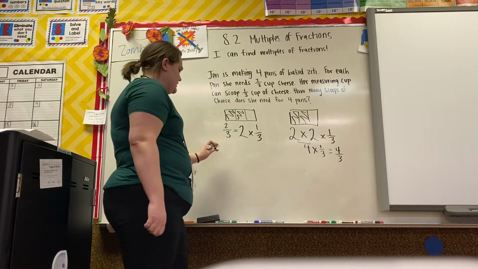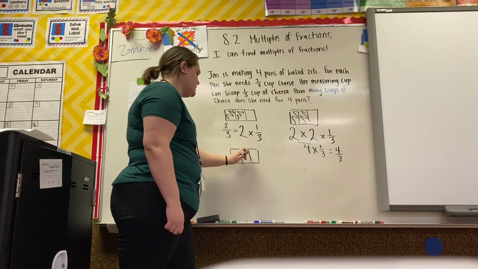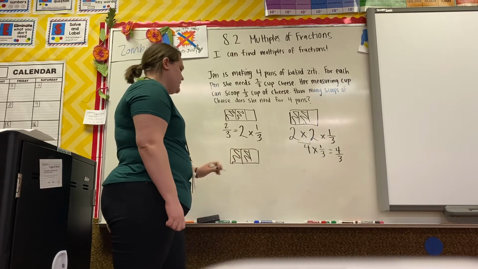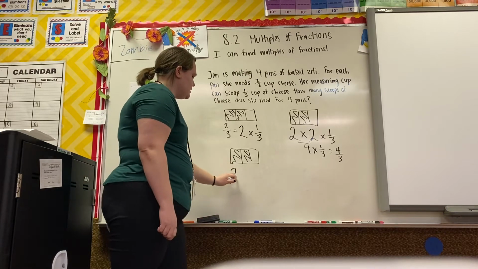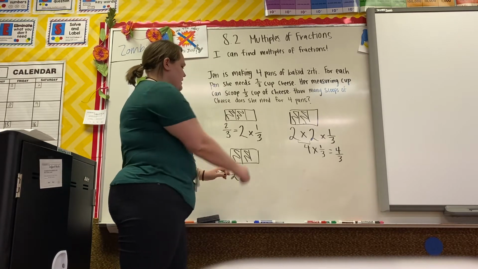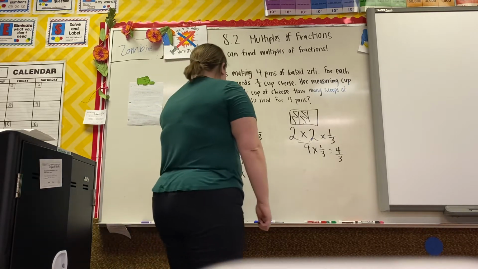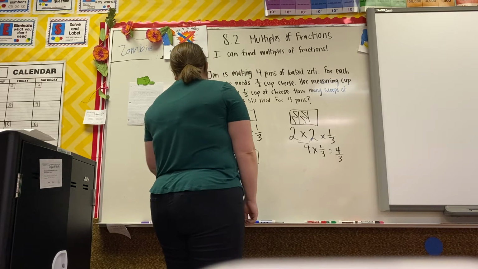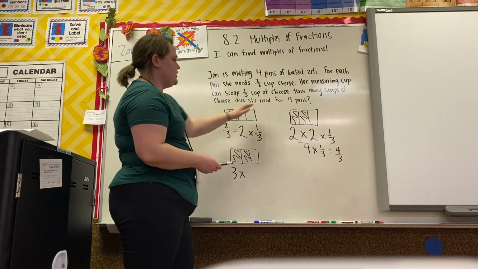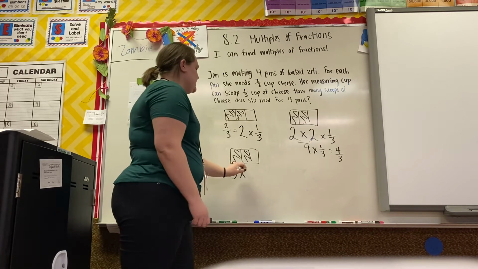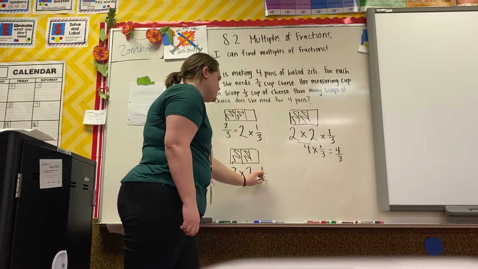Well, let's find it for 3 pans. So now I have my 3rd pan. I still need those 2 scoops. Since this is pan number 3, I need also those 2 scoops times my 1/3.